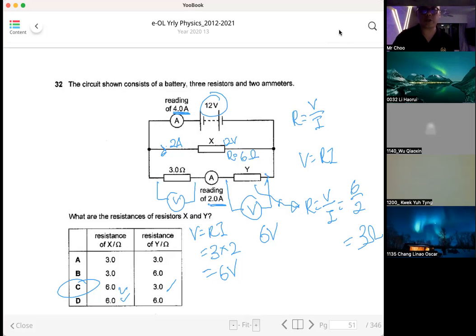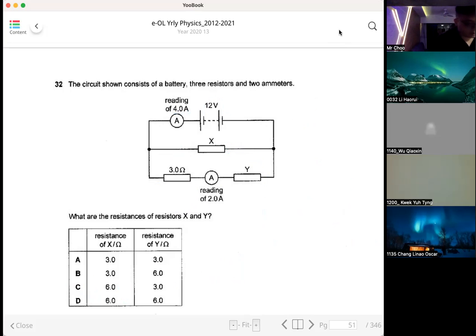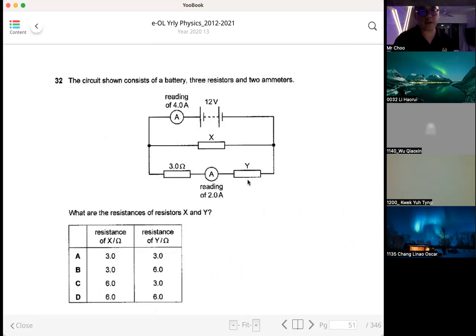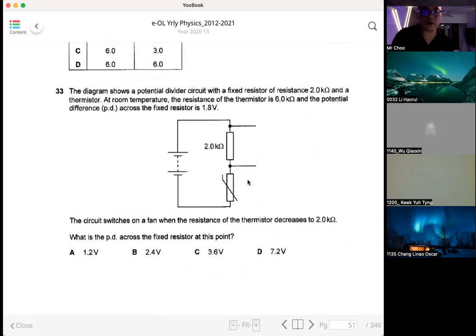Okay, last question, very last question for today. Let's do question 33. If you get it correct, I call your name, you may leave. If you cannot do it correctly, then you stay until you can finish. Okay, you all may begin.